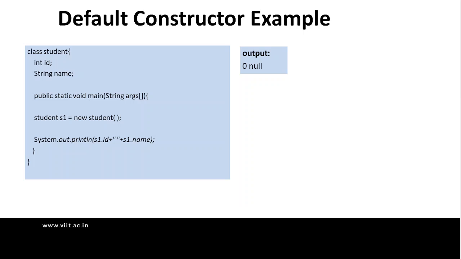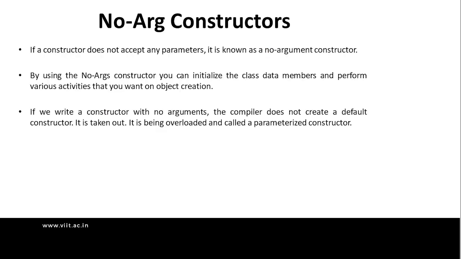More than this we have seen in the Eclipse Java program. A no argument constructor: if a constructor does not accept any parameter, it is known as a no argument constructor. If you remember our previous program, there is no argument we are passing. By using the no argument constructor, you can initialize the class data members and perform various activities that you want at object creation.